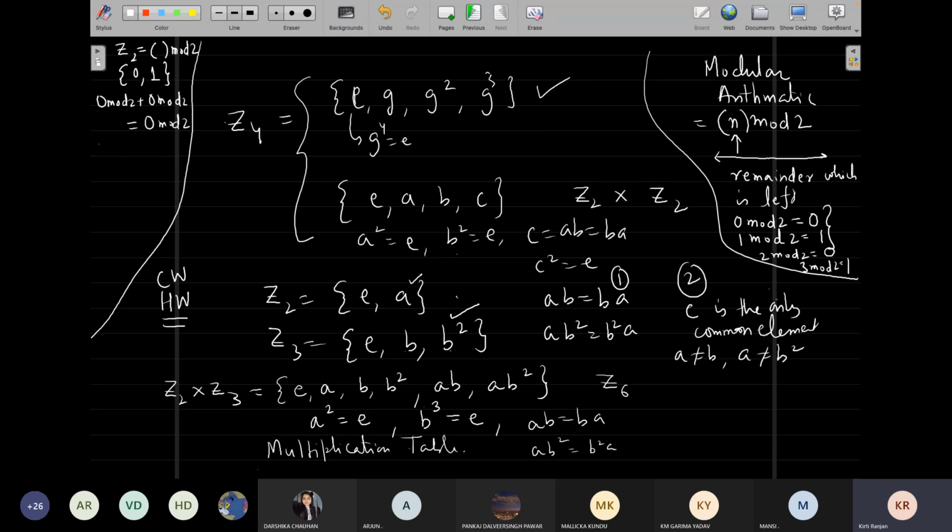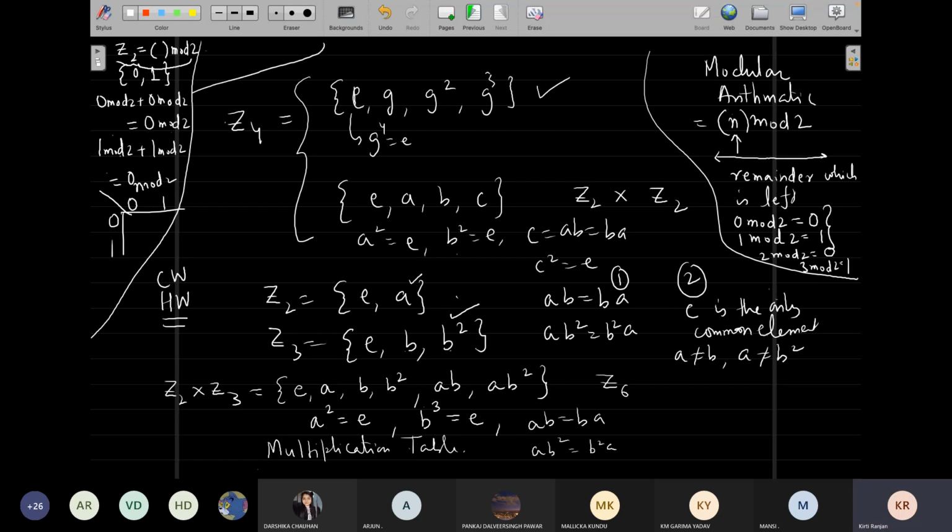Interesting will be 1 mod 2 plus 1 mod 2, which is 1 plus 1, equal to 2. And 2 when divided by 2 leaves 0. So the result is 0 mod 2. So this 0, 1, 0, 1 is going to make this interesting group table, and that is for Z2, whenever you divide by 2.